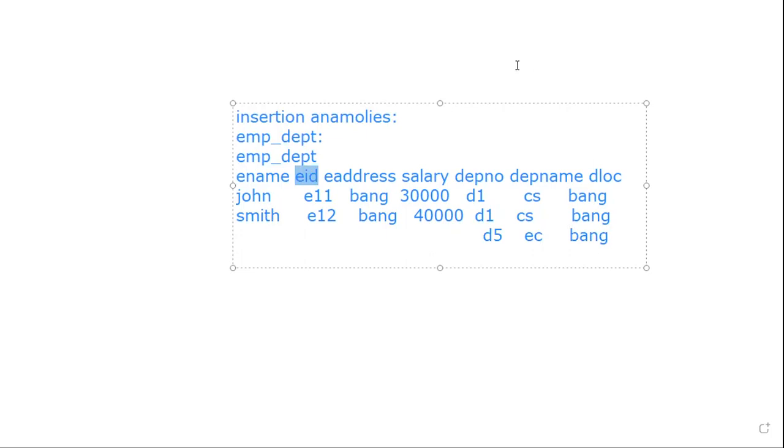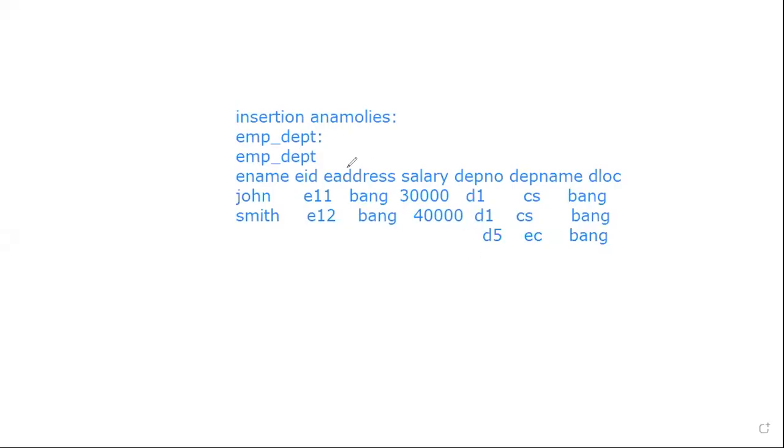Suppose we have a newly introduced department D5 which doesn't contain any employees, but we have created an employee-department table which contains all these attributes. In this, EID will be considered the primary key of the employee-department table.